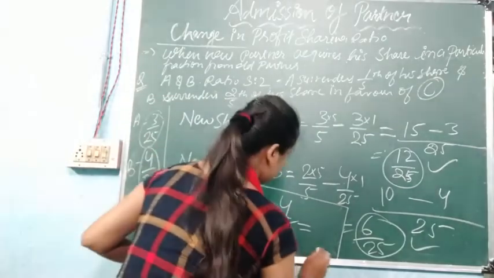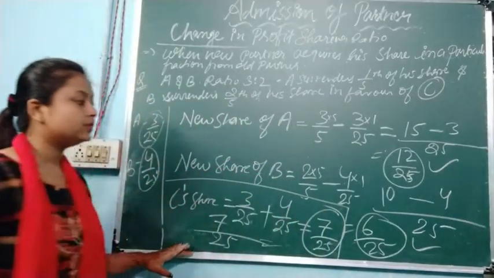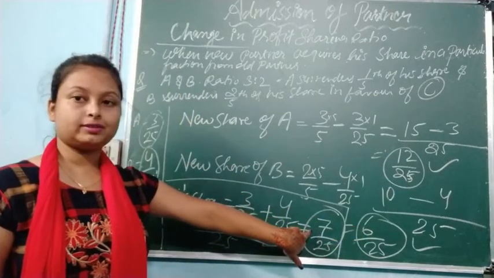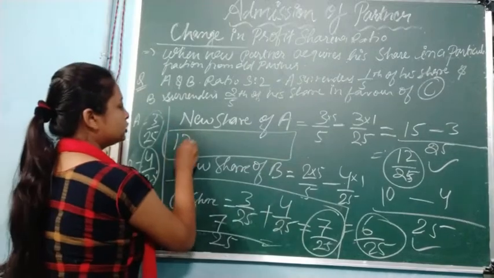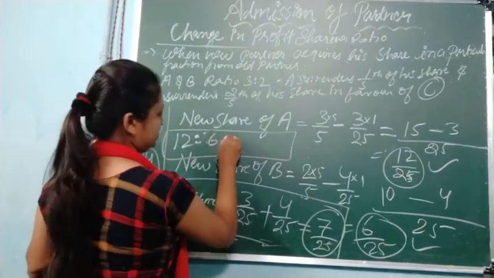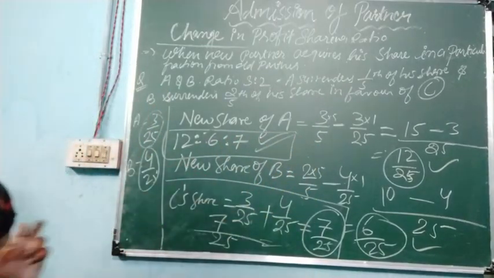It will come 7/25. So the new ratio will be 12:6:7. Okay, what will be the new ratio? It will be 12:6:7. This will be the new profit sharing ratio.